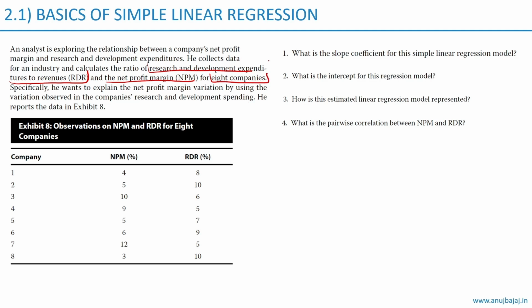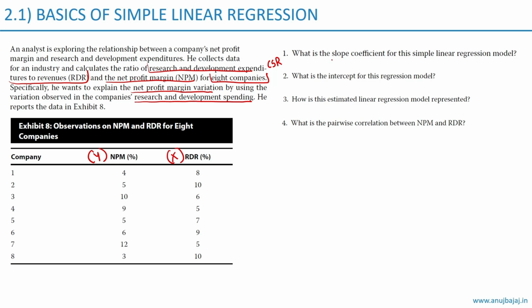This is an example of cross-sectional regression where the dependent variable is the net profit margin and the independent variable is the ratio of R&D expenditure to revenue. The analyst wants to explain the net profit margin's variation by using the variation observed in the company's R&D expenditure. So this is the dependent variable and this is the independent variable.